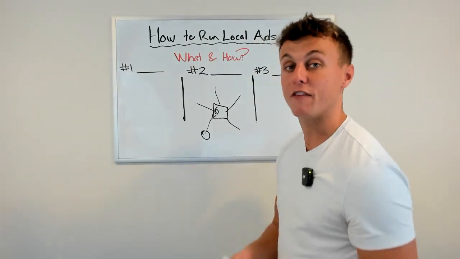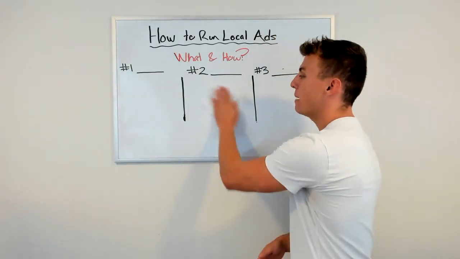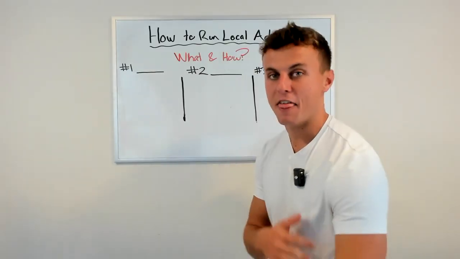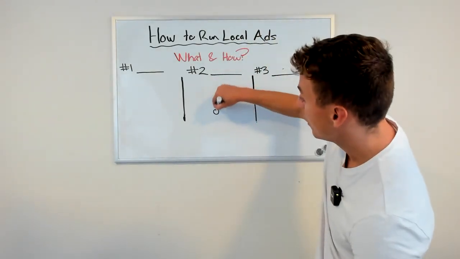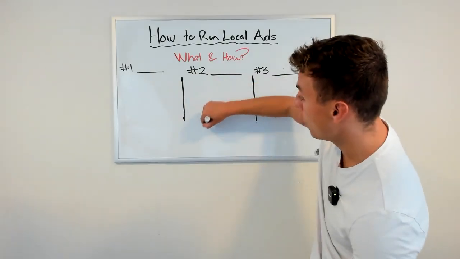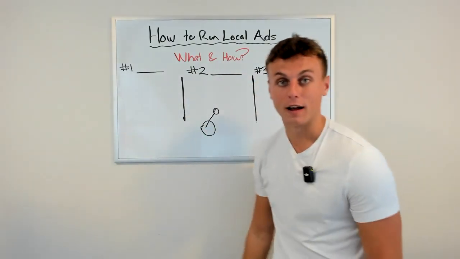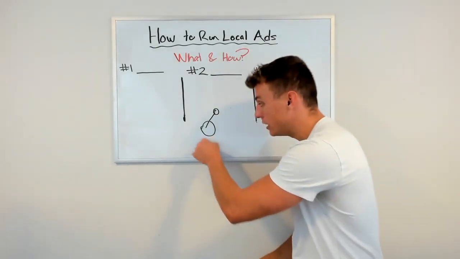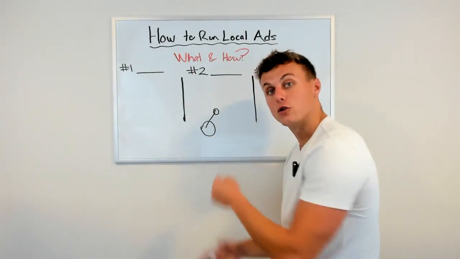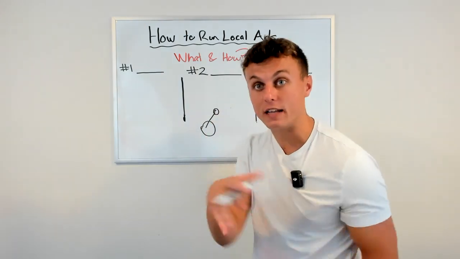But when you run Facebook and Instagram ads, you spend a simple $10 a day. That's it. And what $10 a day does is instead of it going out everywhere, it only goes to your area. It doesn't go outside of this area. So you're paying to put it directly in your area so that everybody in your area is seeing your ad.